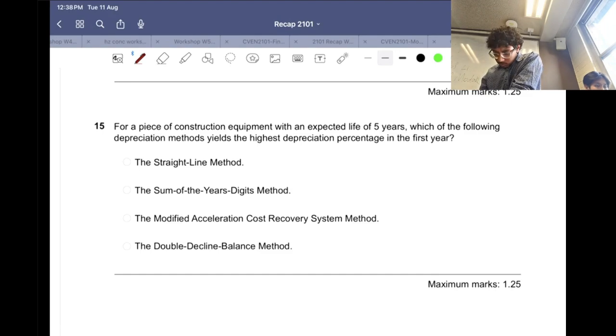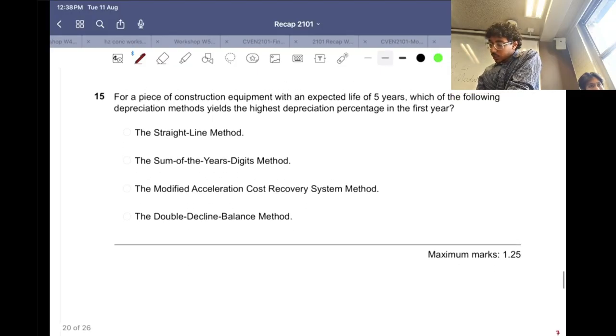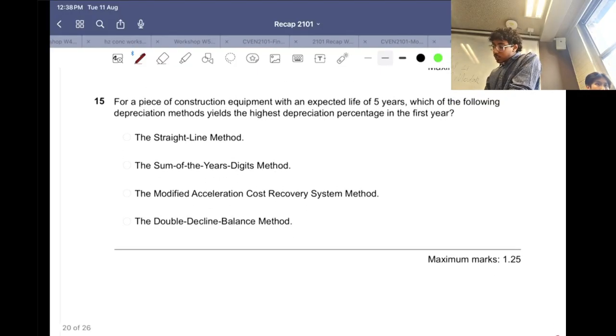Yeah, 33%. So for this one, the one that's having the most depreciation in the first year is the double declining balance method.